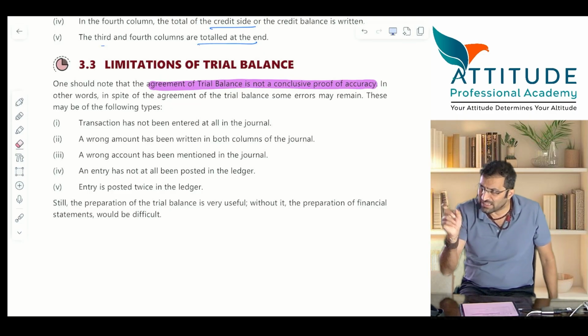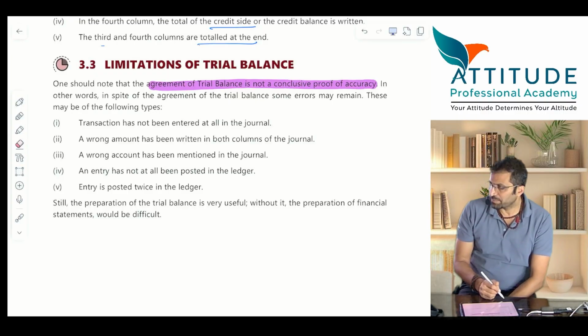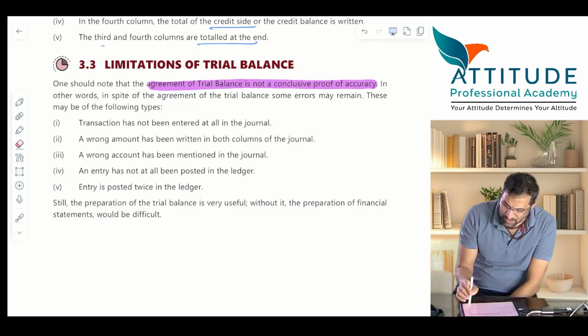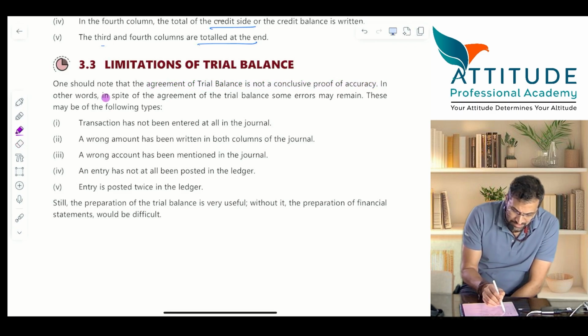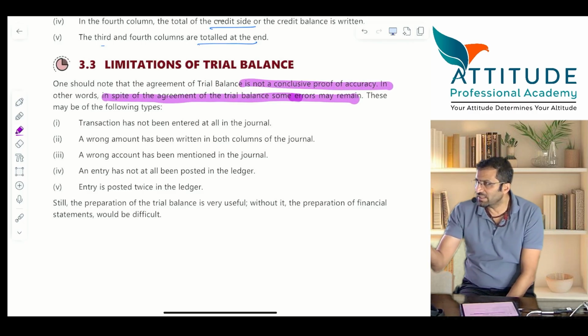But can I say that the books of accounts show a true and fair picture? No. So that is the first limitation. I once again repeat, agreement of trial balance is not a conclusive proof of accuracy. In other words, in spite of agreement of trial balance, some errors may remain, and these errors are nothing but errors of omission.